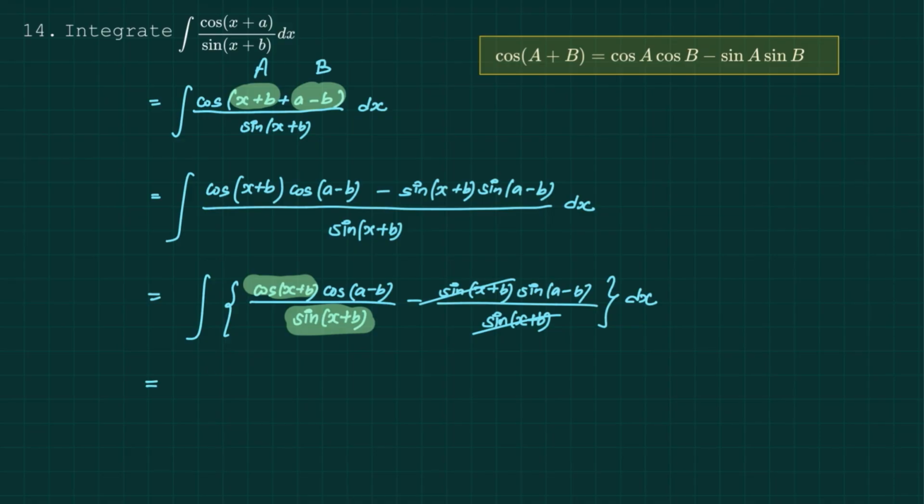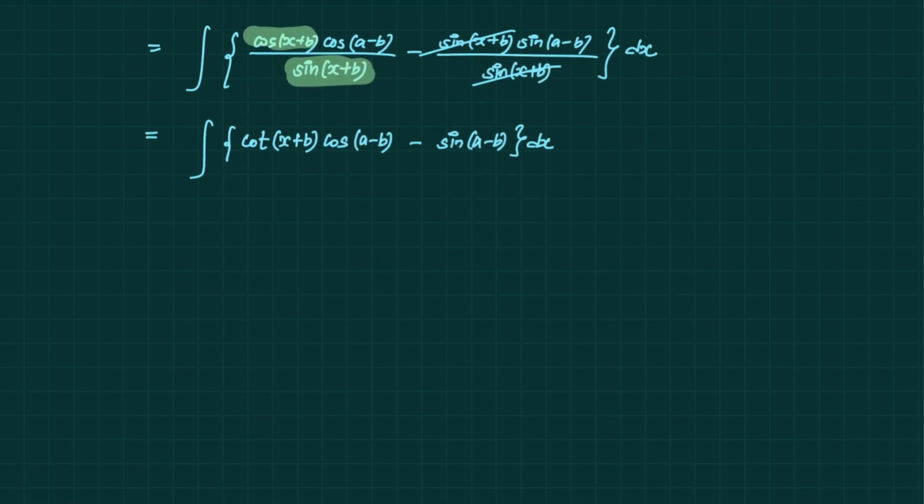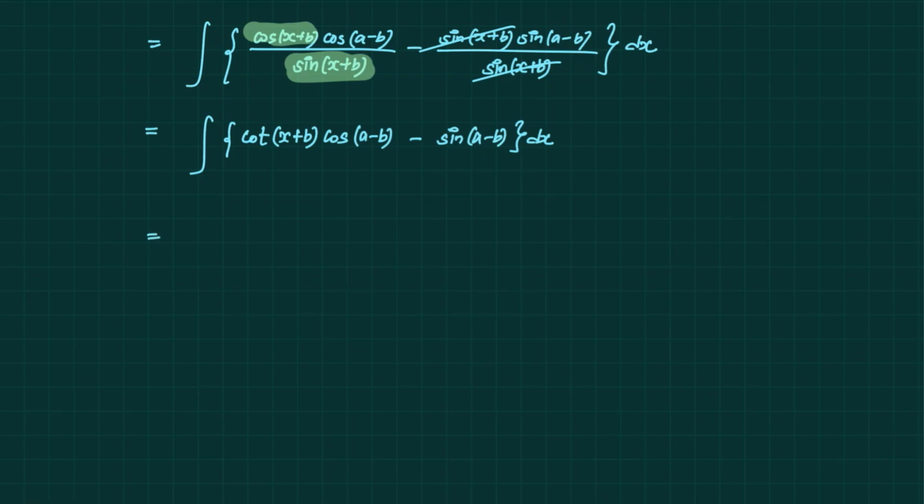So this equals integration of cot x plus b into cos a minus b minus sin a minus b dx. Now let us separate the integration, then we will have integration of cot x plus b into cos a minus b dx minus integration of sin a minus b dx.